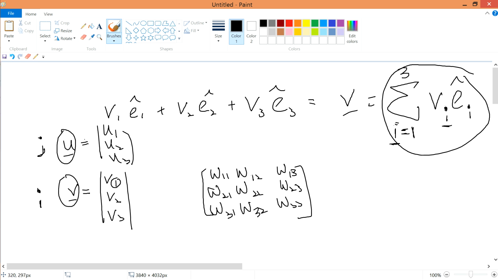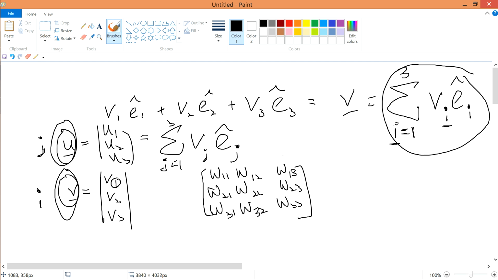Therefore we can rewrite this u vector as a summation of j equal to 1 to 3, and instead of i, write vj. As I said, the relationship of u and v in the last video can be represented in terms of this matrix. We call this the W matrix.